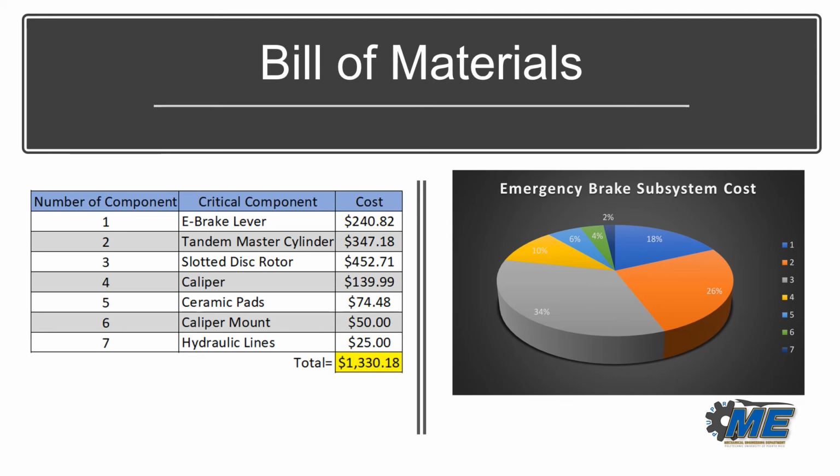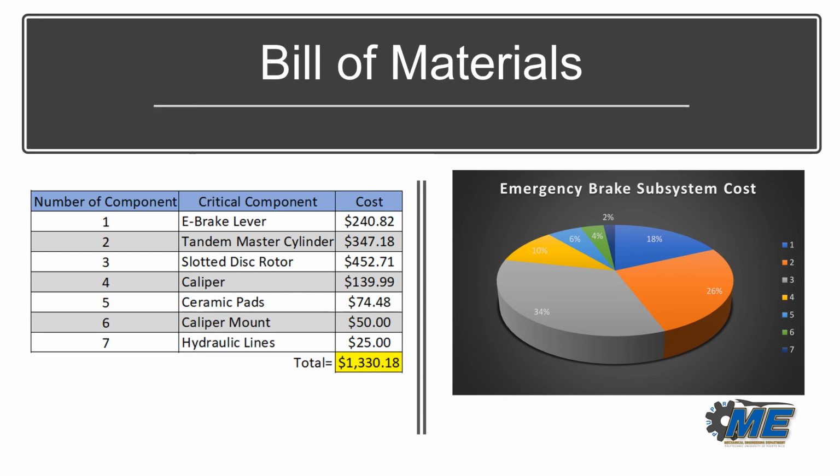By doing this and taking the cost, we have a cost of $1,330. This is more than the budget the emergency brake system had. The budget for the emergency brake subsystem was $1,200.